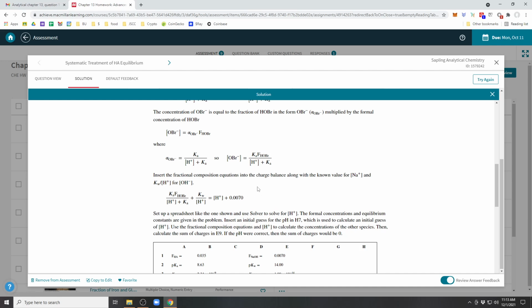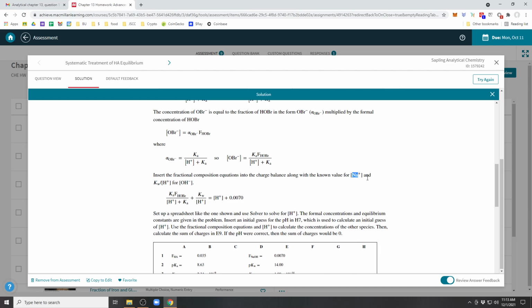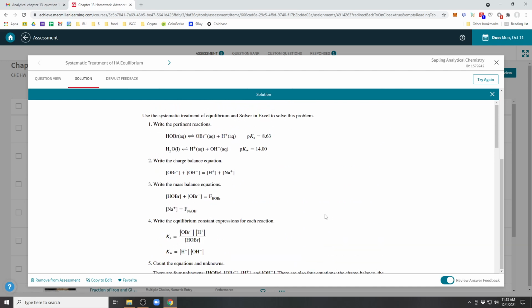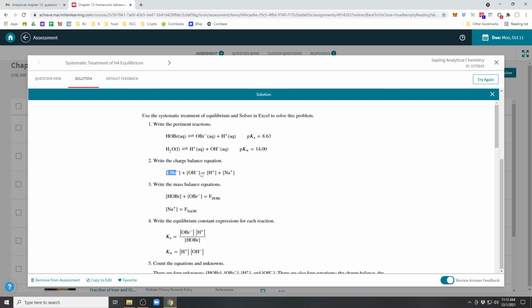So we can insert the fractional composition equations into our charge balance, along with our known values of Na plus and our Kw over H plus for OH minus. Note, this is going to allow you to have that charge balance. So we have this term right here. We can substitute that in. We have a term now that relates the OH minus to the H plus.